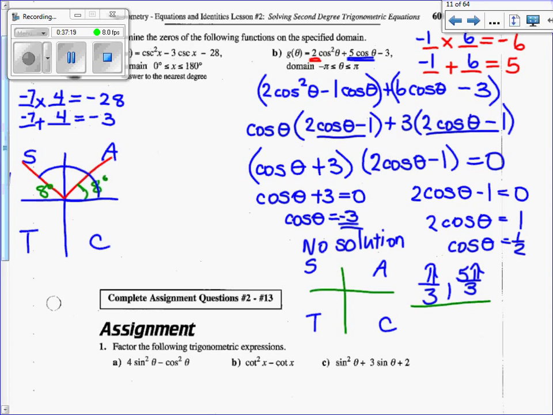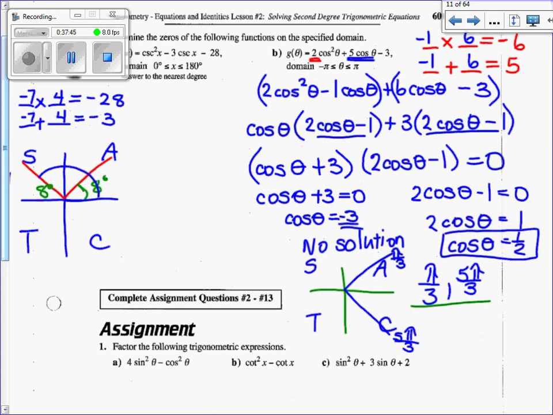Where would cos be positive? Well, it would be positive here, and it would be positive here. What I figured out is that this angle is my pi over 3. If you look on your unit circle, this one is 5 pi over 3. So I found those two spots.